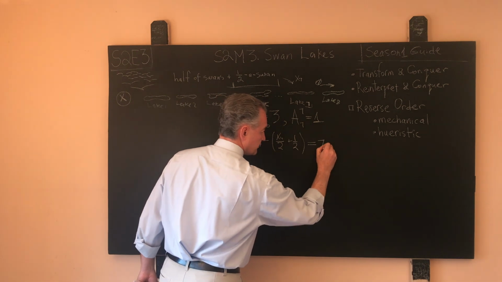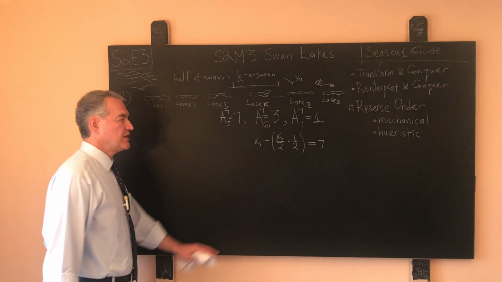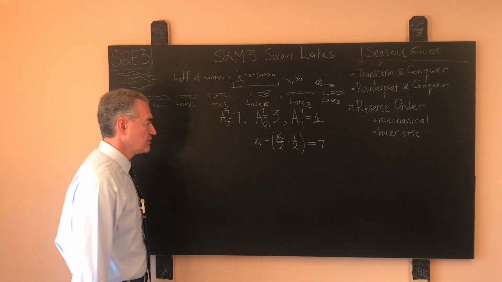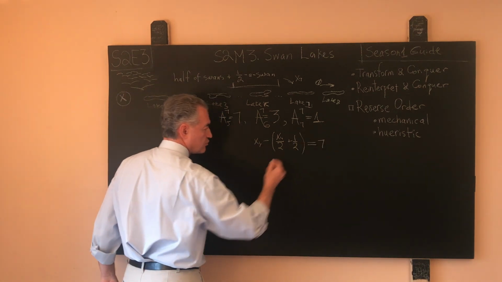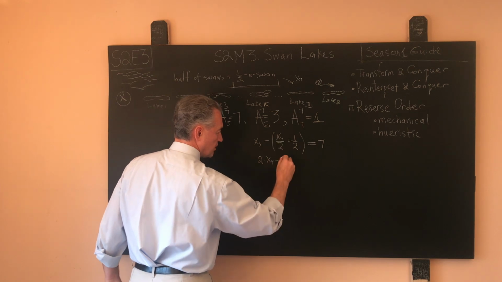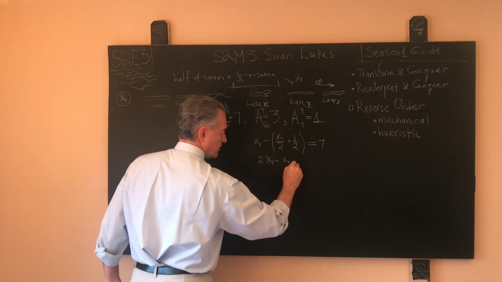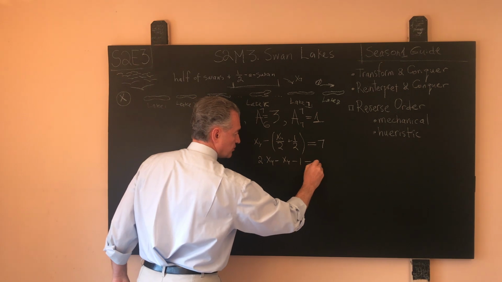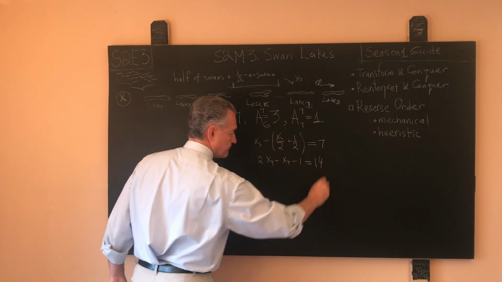That number is 7. Again, we obtain a straightforward equation, which we quickly solve by multiplying it through by 2. 2 times x sub 4 minus, we open up the parentheses bravely, x sub 4 minus 1 equals 7 times 2 is 14.